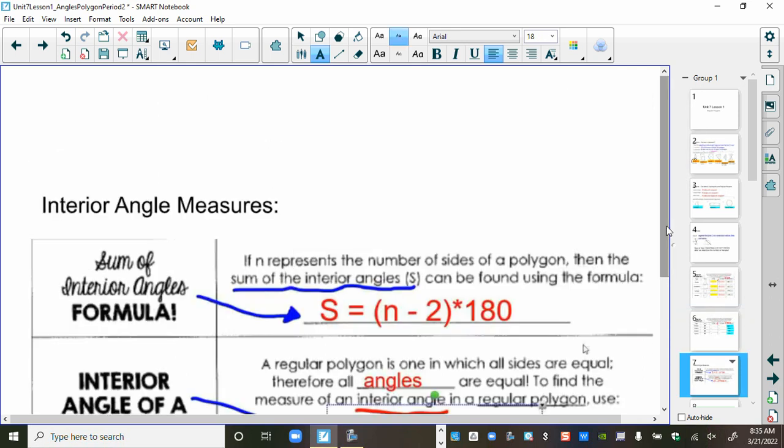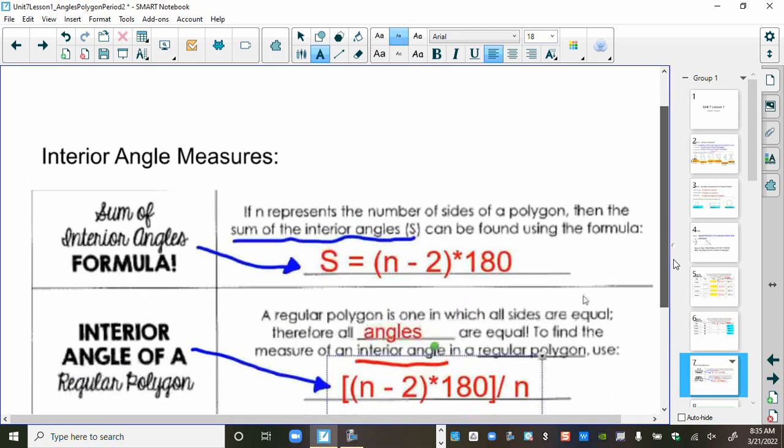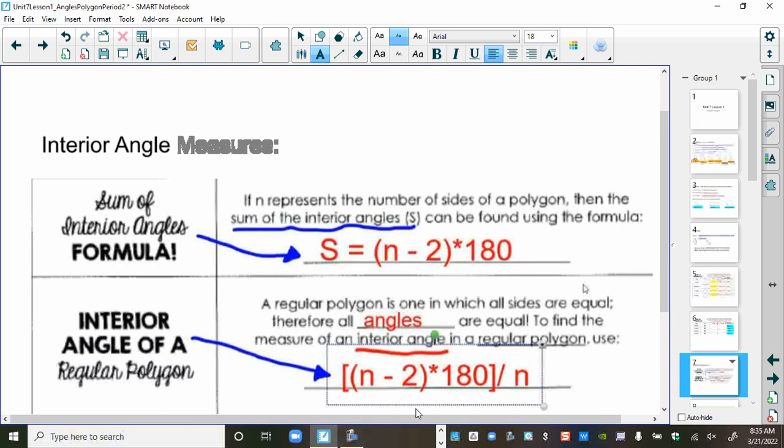And again, we'll talk about this one in a moment. But first off, I'll add the disclaimer real quick.